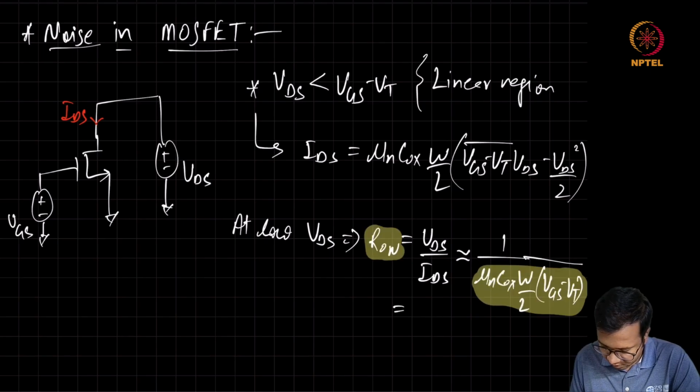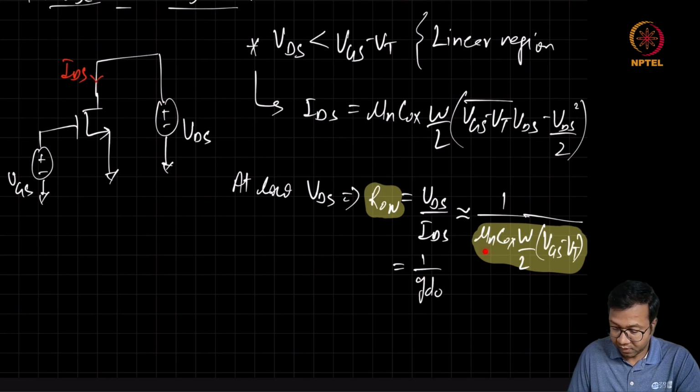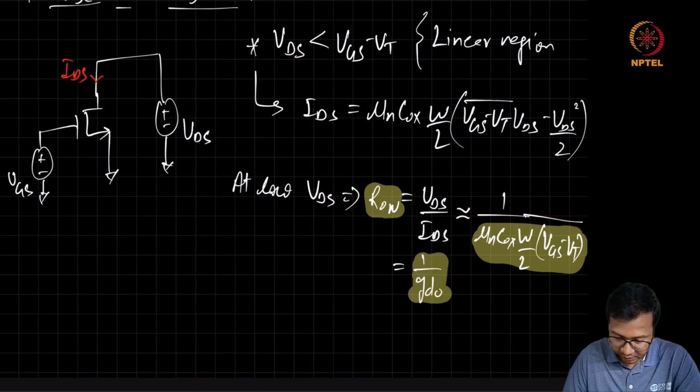Let's call it 1 by GD naught. So the incremental conductance at VDS equal to 0 is going to be equal to mu n Cox W by L VGS minus VT.